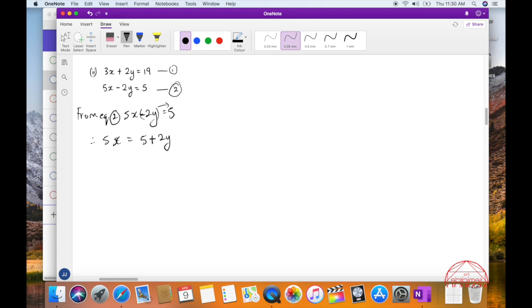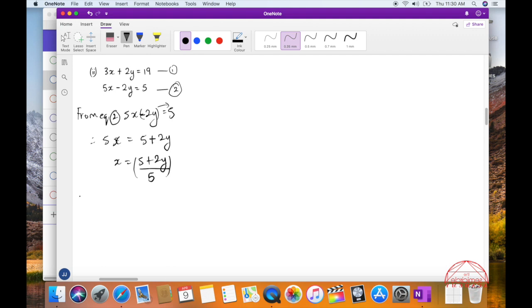The negative 2y became plus 2y when I threw it across. Therefore, x is equal to 5 plus 2y, all divided by 5. And I'll just leave it like this for now. Yes, it can be simplified, but I'll leave it like this. Hopefully it works out, right? So we got this from equation 2.